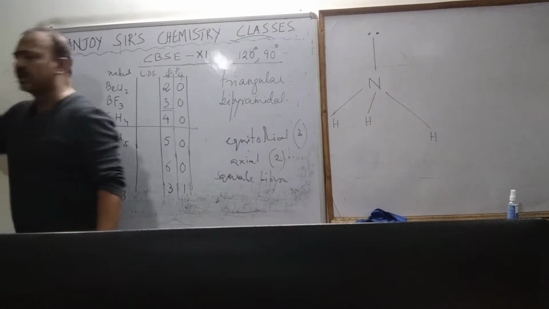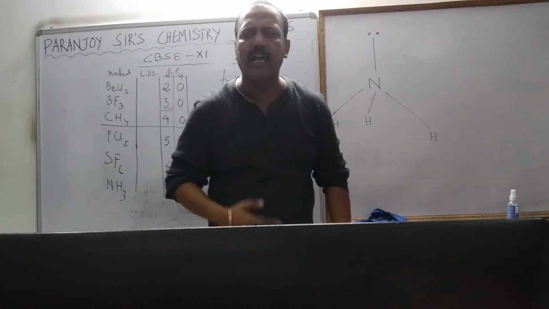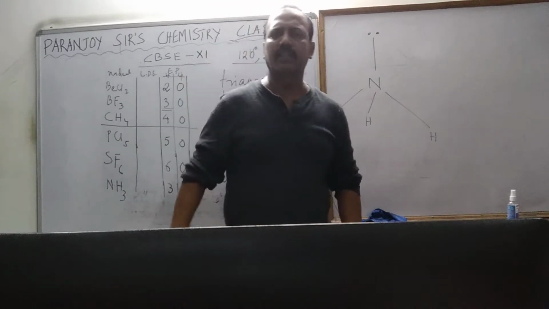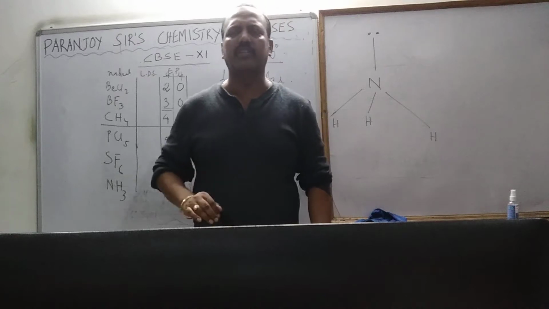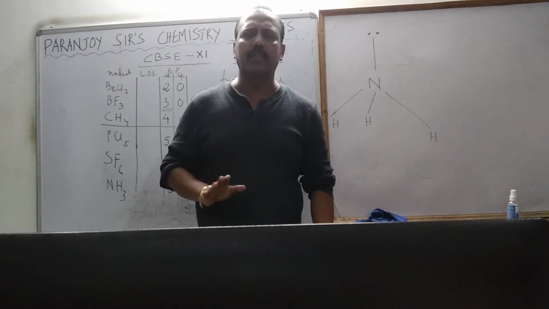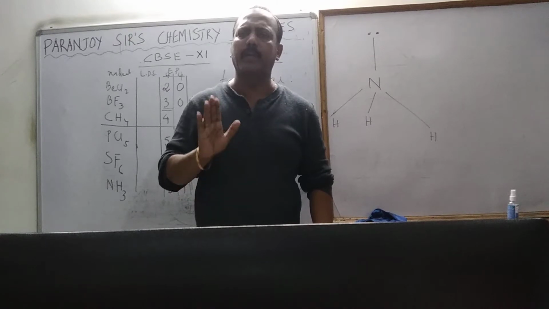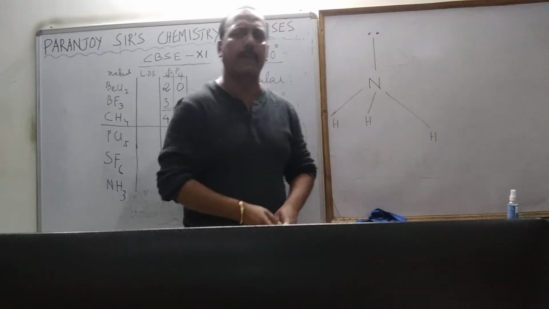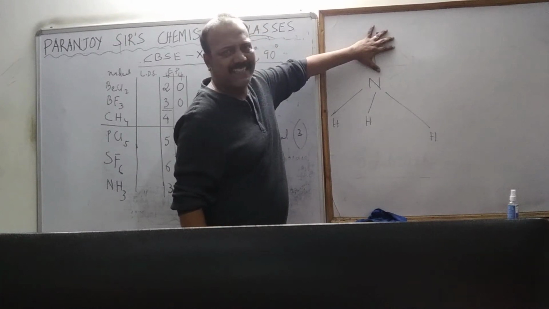Okay, that's the geometry. But if you are asked about the shape, according to VSEPR theory, the lone pair is not considered in the shape. When talking about the shape, we are not going to see this part.